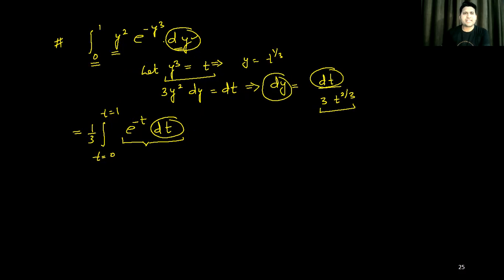The meaning of this is what? Originally, this is one dimensional: on the y axis, we are having from 0 to 1. This y axis is going to change into another axis, the t axis. Means change of variable means what? The y axis I have just changed into the t axis.